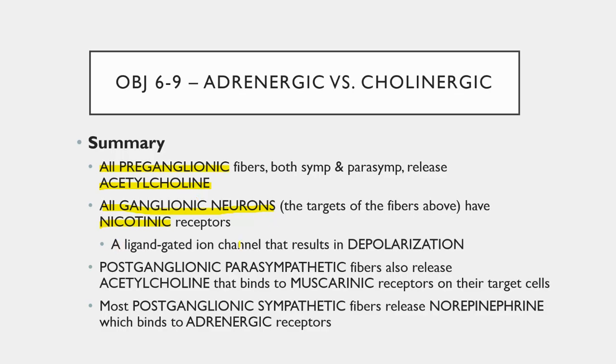These are the ones that were ligand-gated ion channels, so they're going to trigger depolarization and action potentials. Your postganglionic parasympathetic are going to release acetylcholine to muscarinic receptors, and most of your postganglionic sympathetic are releasing norepinephrine, which bind to the adrenergic.